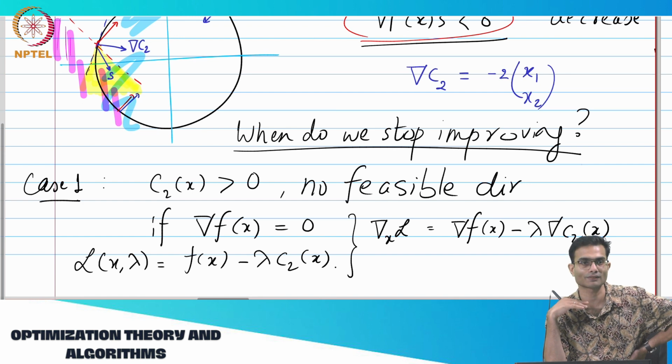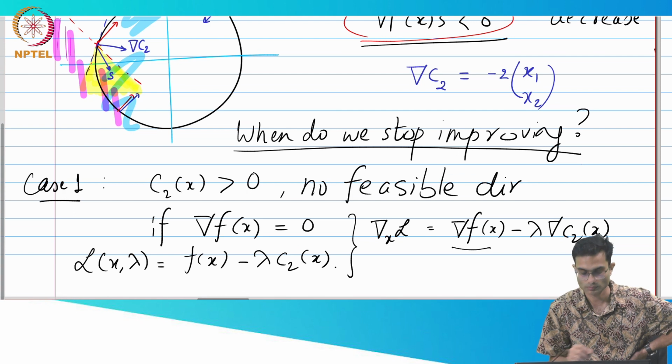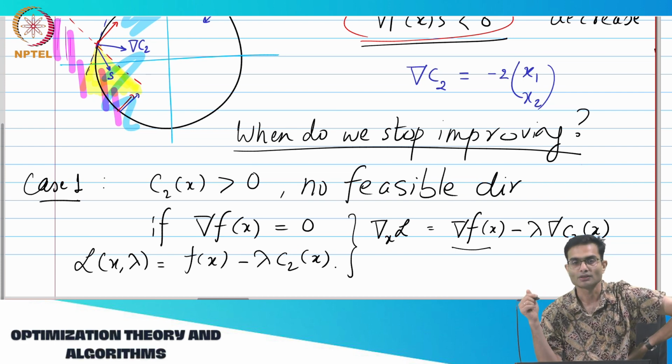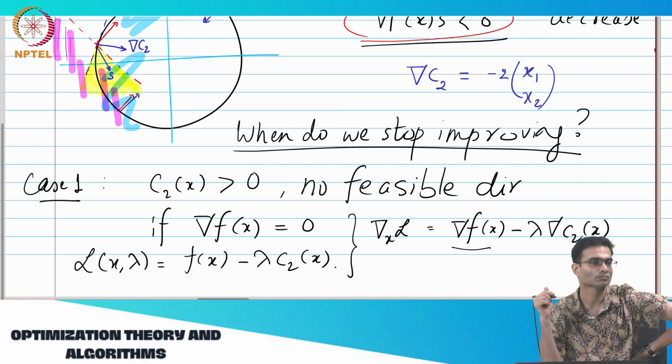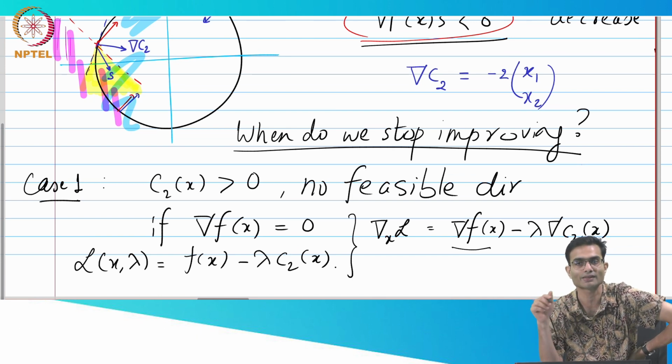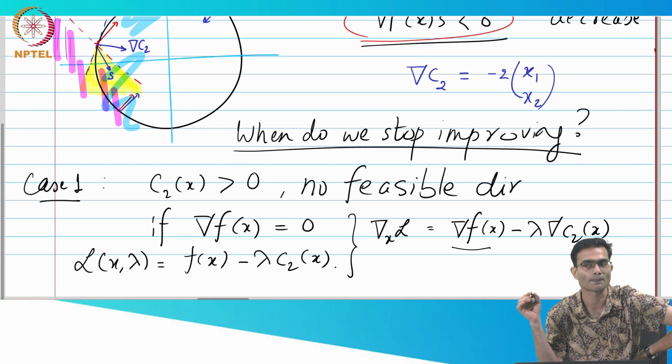It doesn't seem like it will work, right? Because it's only setting one term to 0, which is the first term. In case 1, grad f equal to 0 means I cannot improve anymore. So that's a signature for a stationary point. What else can I do? Can I impose one additional condition so that grad L equal to 0 still captures the case?